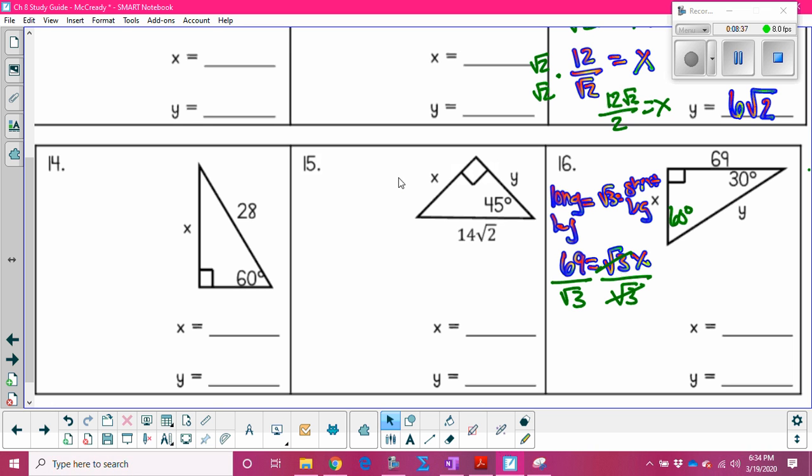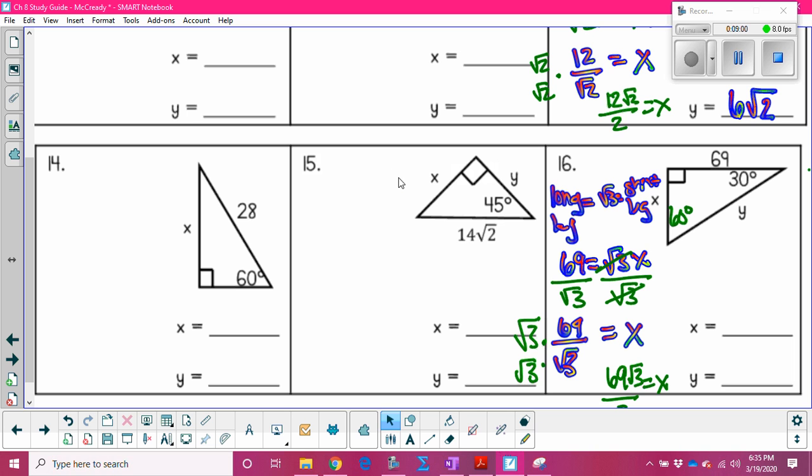And so we have x equals 69 over the square root of 3, but you cannot leave a radical in the denominator. So you need to rationalize it. We're going to multiply the square root of 3 to the top and the bottom. So you end up with 69 root 3 over 3, but 69 is divisible by 3.